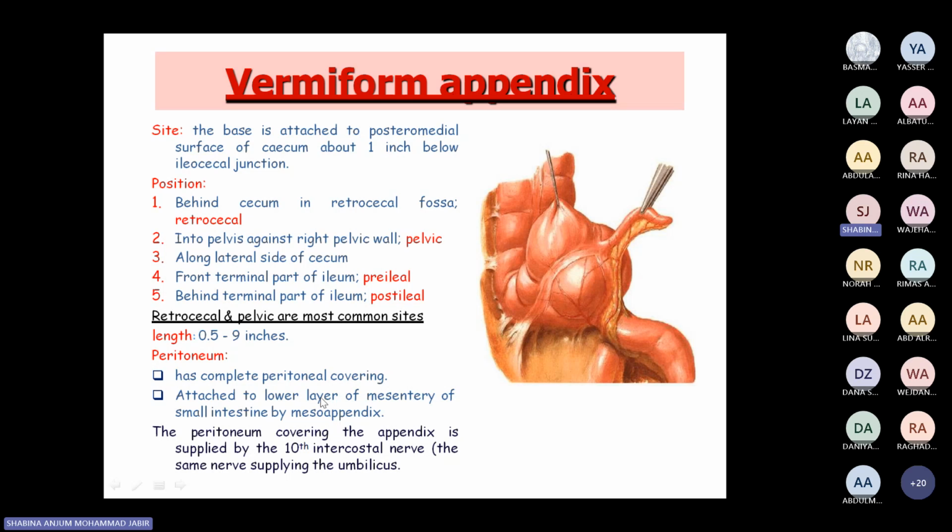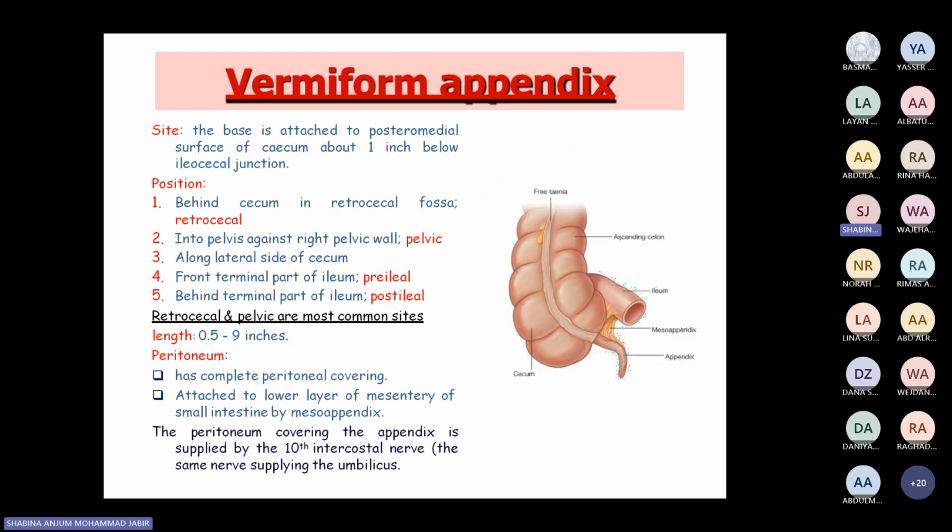You should know that they both have the T10 or 10th intercostal nerve supply. Both the appendix and the skin over the umbilicus are supplied by the T10, or you can say the 10th intercostal nerve. So this is the reason that the pain will be referred to the umbilical region.